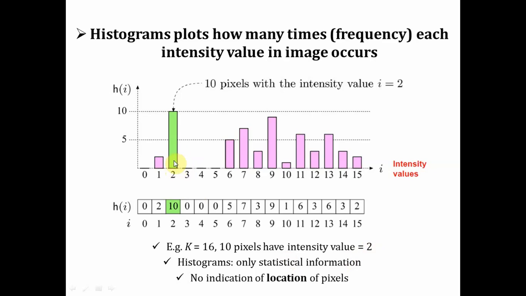This is just an example of how we can plot a histogram for a specific gray value. It gives you the probability of occurrence for that particular value, so how many times a particular gray level is repeating in that image gives you the entire histogram plot.